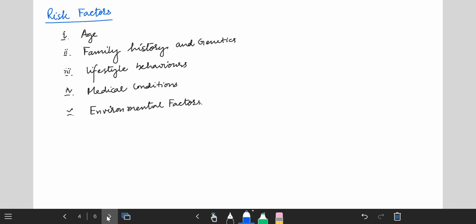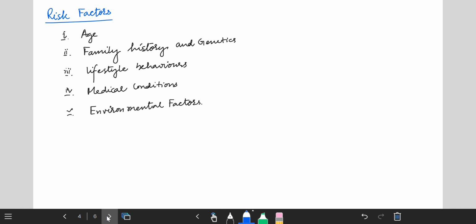Coming to the risk factors, first one is age. The older the age, the greater the possibility of developing Alzheimer's disease. It is studied that patients above 65 years of age are more prone to Alzheimer's disease, or AD. Second one is family history and genetics.